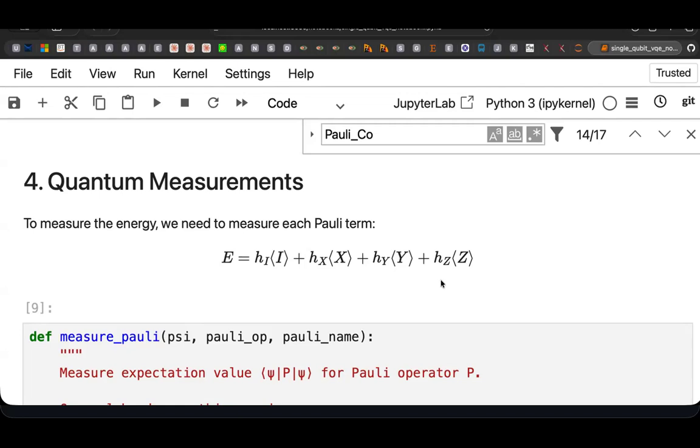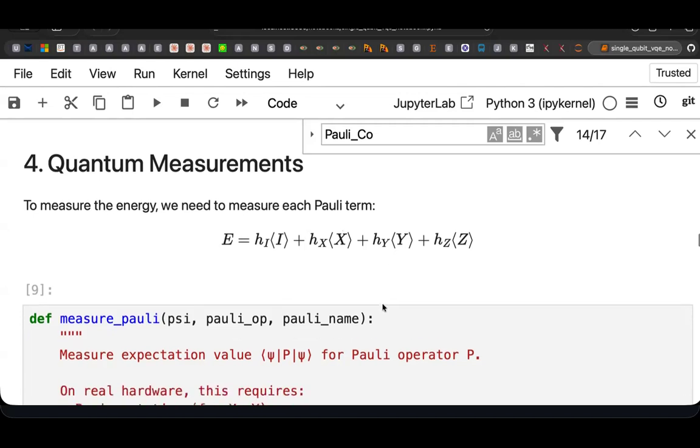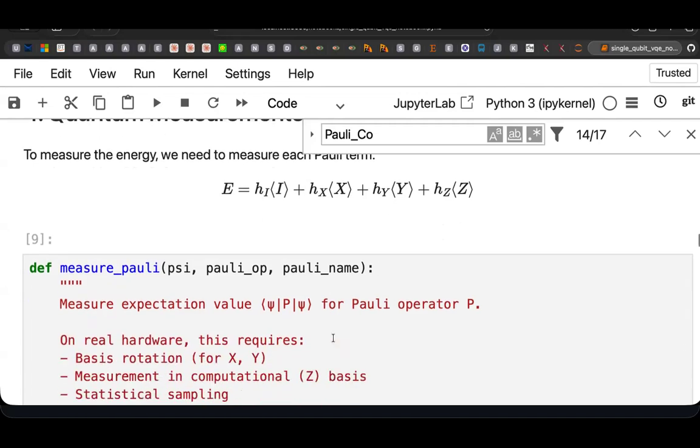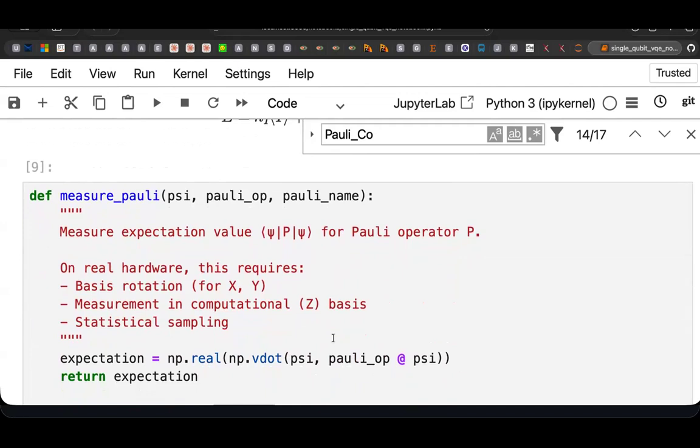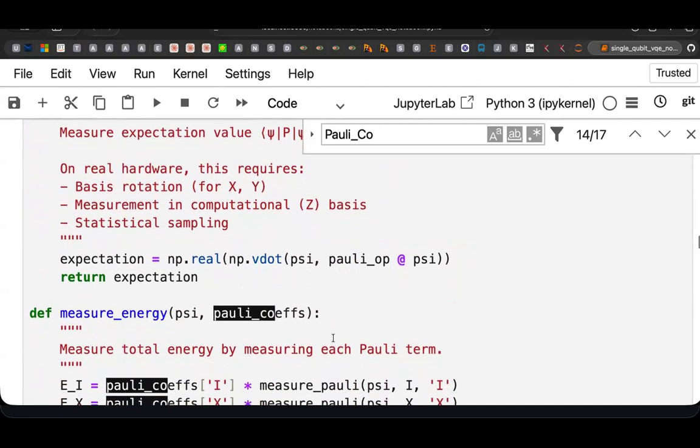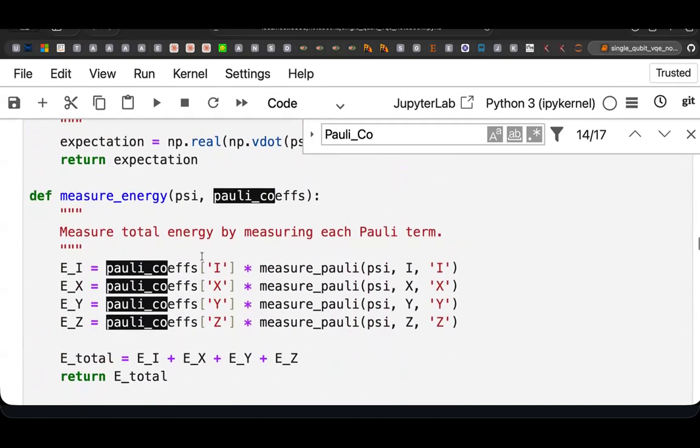So these parameters HZ, HY, and HX and HI, these are just fixed constants. So the quantities which we are interested in are the expectation values of these. So this measures now the Pauli matrices, and it sets up the results here. So we have a measure energy.